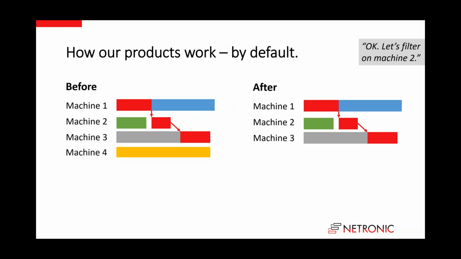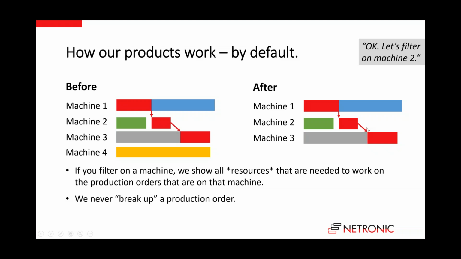And this is where a customer comes and says, hey, this is a bug. I'm filtering on machine 2 and I just want to see machine 2. And then the rule that we have is, by default, we never ever want to break a production order, because if you make drag and drop changes, we always show all resources that are needed to work on the production order, because we never want to break it up.